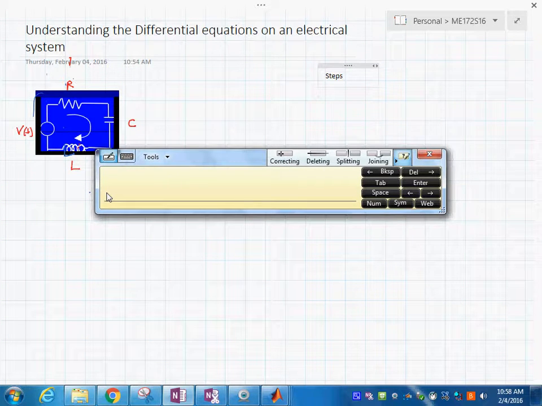The first step is to apply on each loop Kirchhoff's laws.